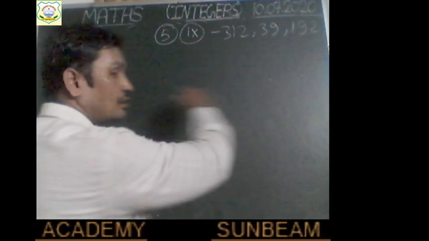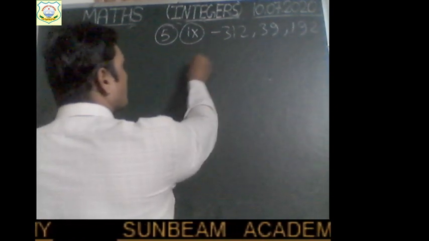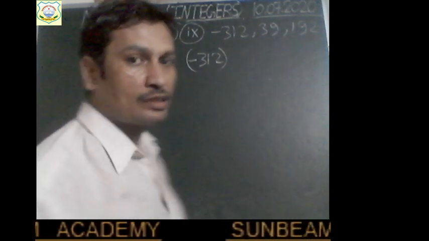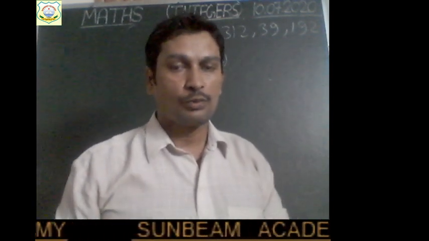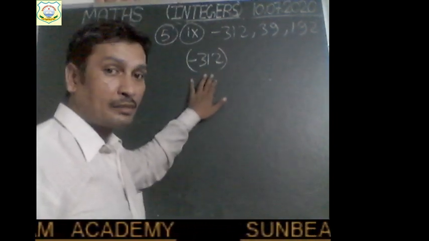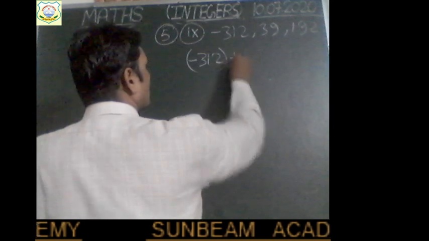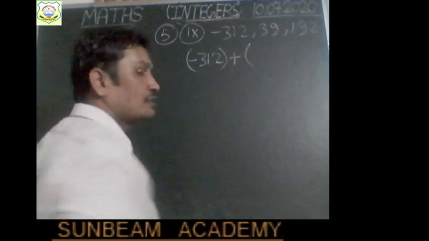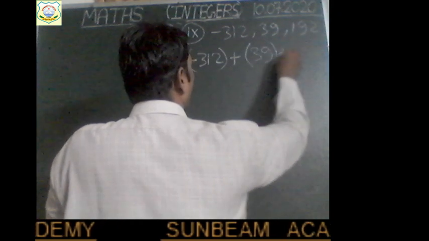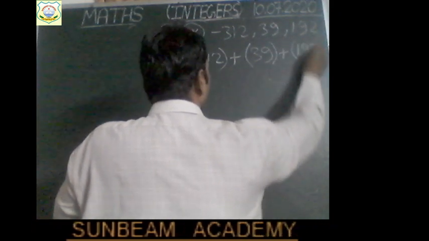So write it in a single row, like minus 312. Use bracket for the integers because they are having signs also. So to combine them with their sign, we use bracket. Write the integers inside the bracket. Okay. Plus second integer is 39, and third is 192.